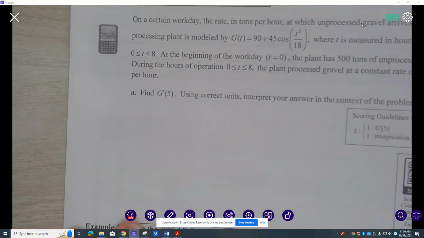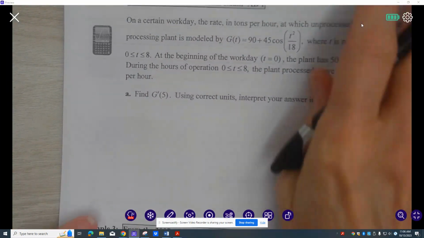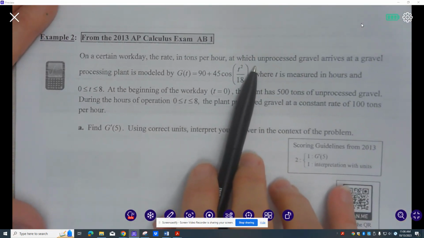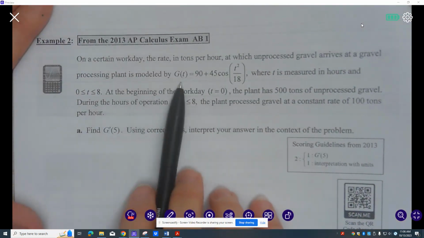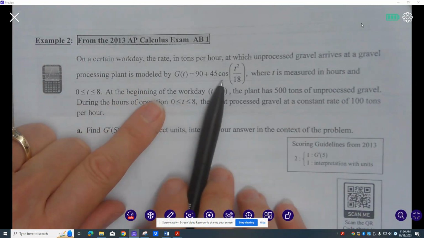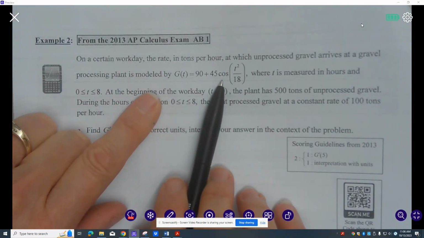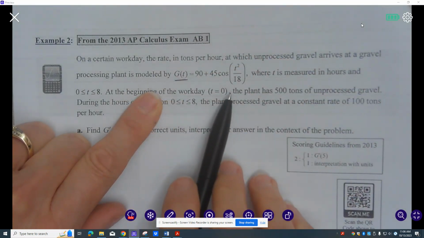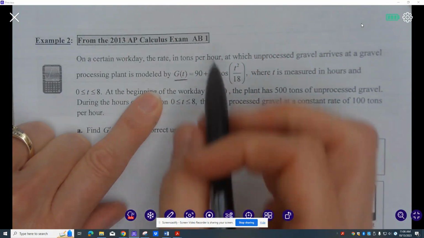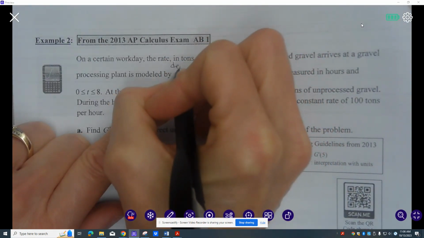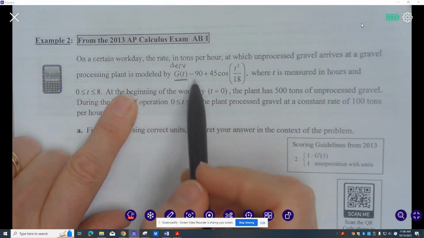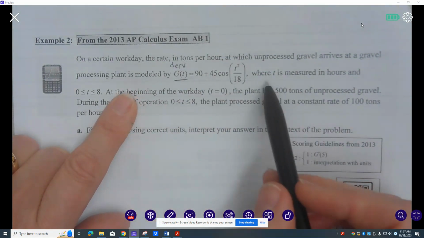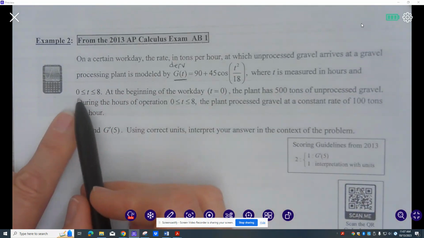On a certain workday, the rate in tons per hour at which unprocessed gravel arrives at the gravel processing plant is represented by this. Okay, so this is a rate. So it's a rate of change, which you can think of as a derivative, because it says the rate. So when you see rate, derivative is a rate of change, slope is a rate of change. Where t is measured in hours between 0 and 8.